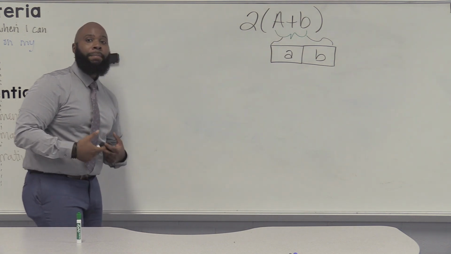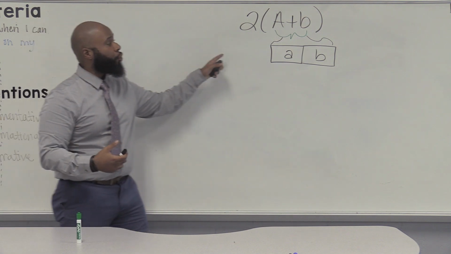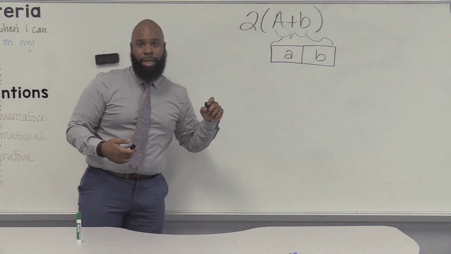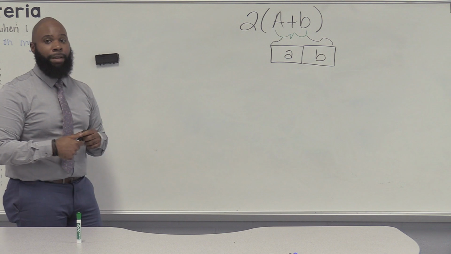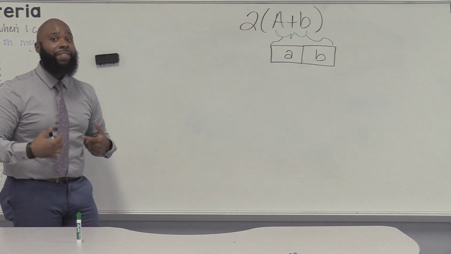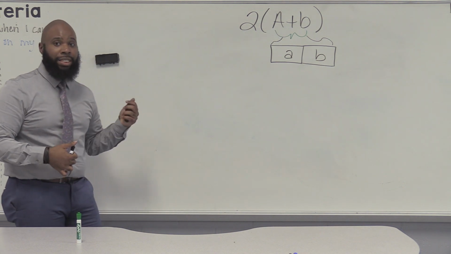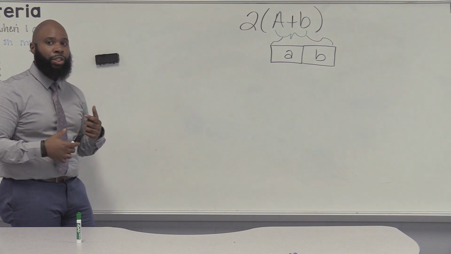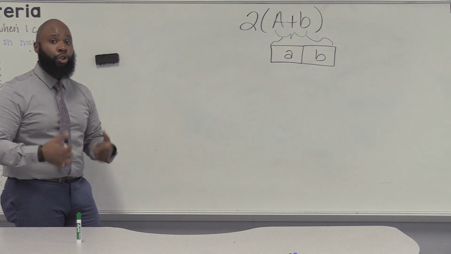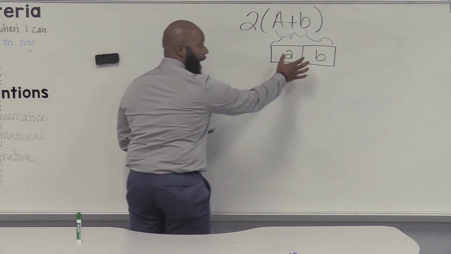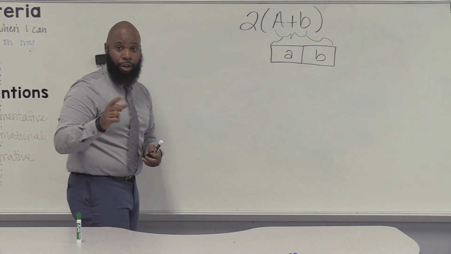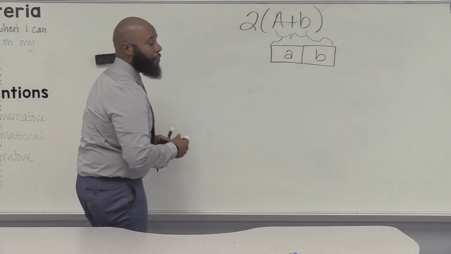So now I need my model to show 2 times that amount. The expression 2 times (a plus b) tells us that we have 2 of the a plus b's. So using this tape diagram, let's continue to build on this model to show 2 groups of a plus b. I have 1 group of a plus b, so to show that, I'm going to create another group of a plus b.